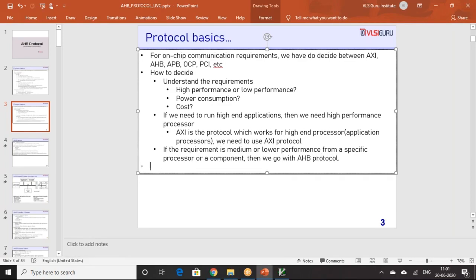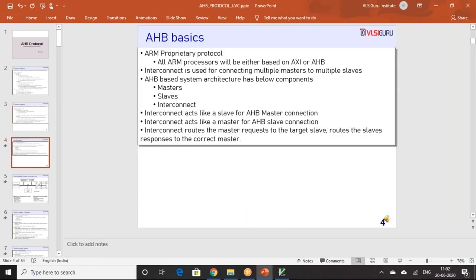Now, AXI and AHB are ARM proprietary protocols. That means any ARM processor you purchase will work on either AXI or AHB protocols. Okay, now we'll go into AHB.